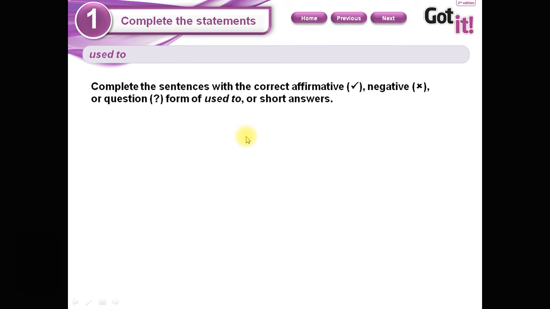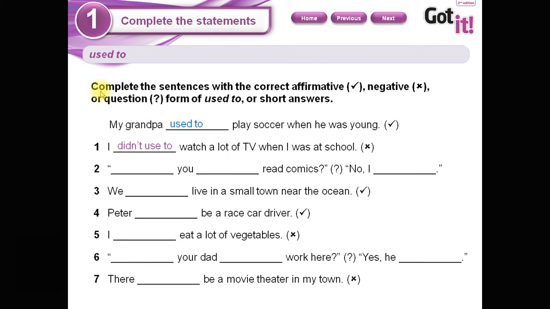Now, we are going to complete some examples, okay, using the negative, affirmative, or question form of "used to." For example, my grandpa used to play soccer when he was young. This symbol represents affirmative, so "used to." Then it says, I didn't used to watch a lot of TV when I was at school.